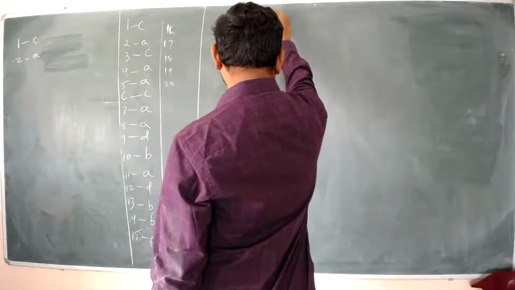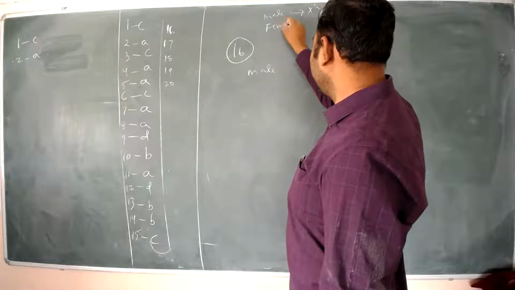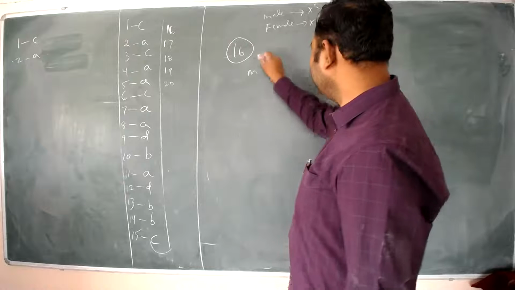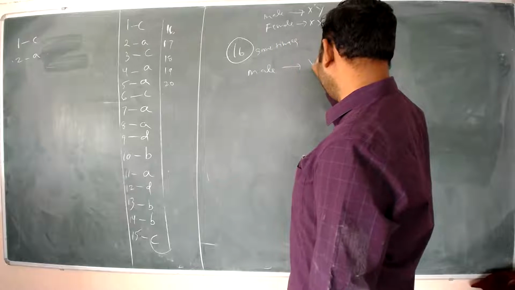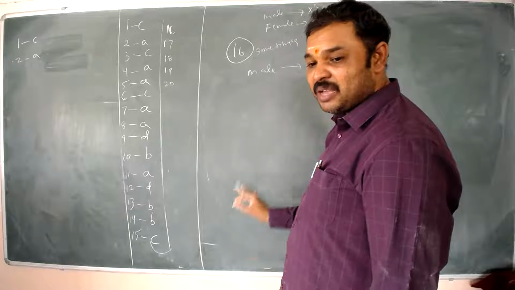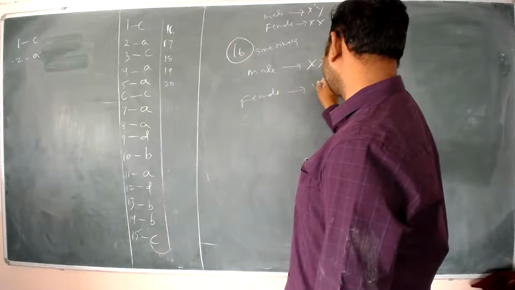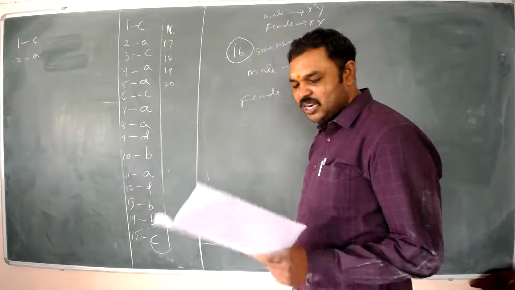Actually, the normal condition is male XY and female XX, but a different question is given. Sometimes the male has XX, not because of anything else, but sometimes it happens due to mutation. The female has XY. Male has XX, female has XY. What is the reason?